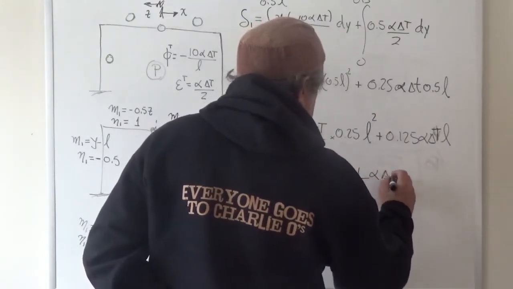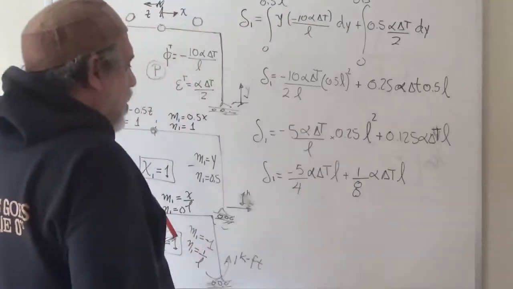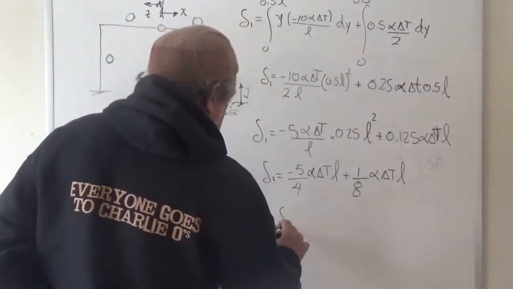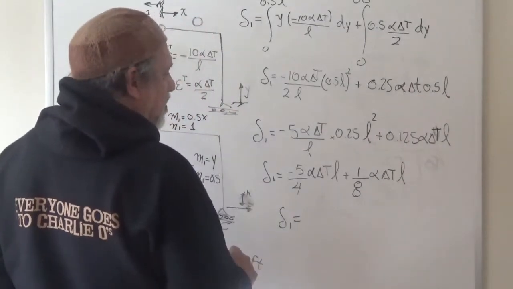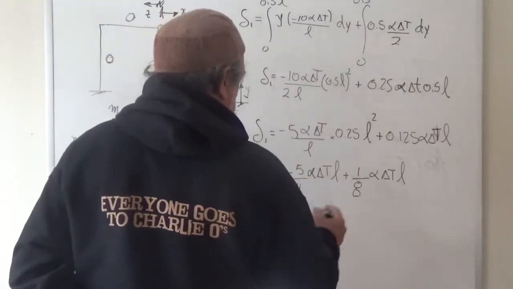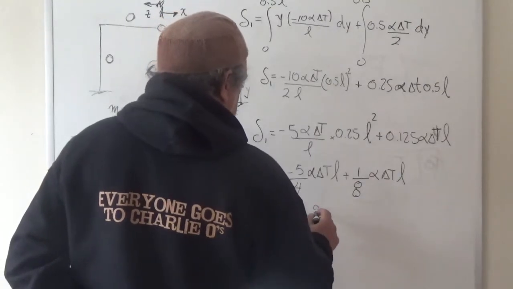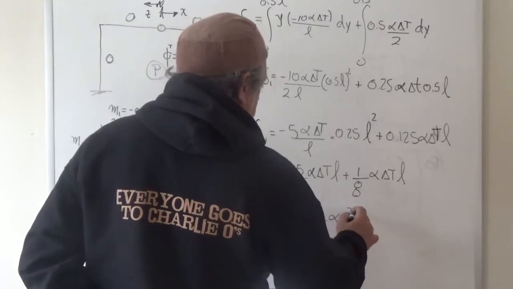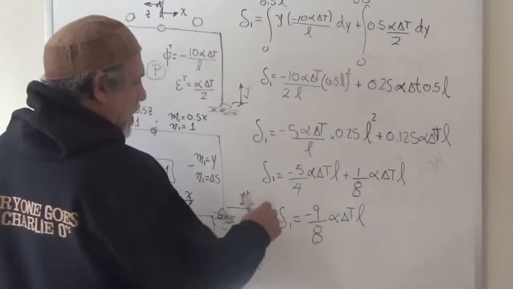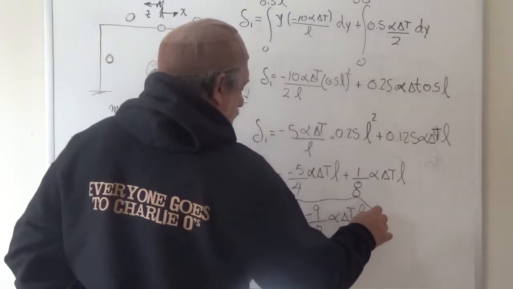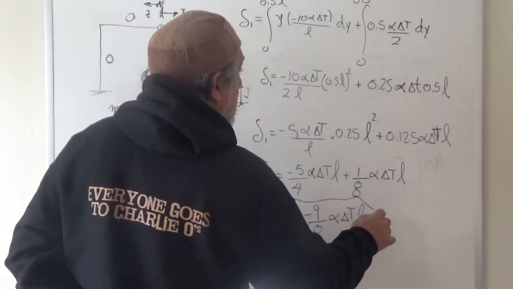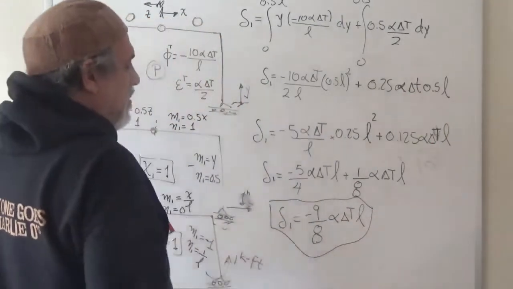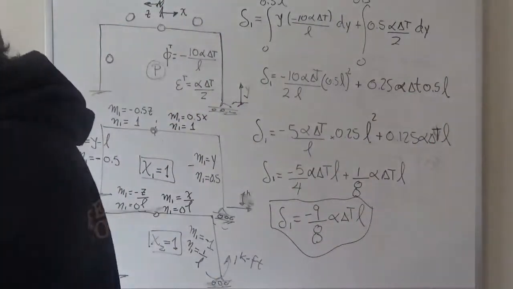Alpha delta T L. So this is minus 10/8 plus 1/8 is minus 9/8, right? Of alpha delta T times L. Whoops. Hold it a second. Yes, no, that's correct. Minus 9/8 alpha delta T.